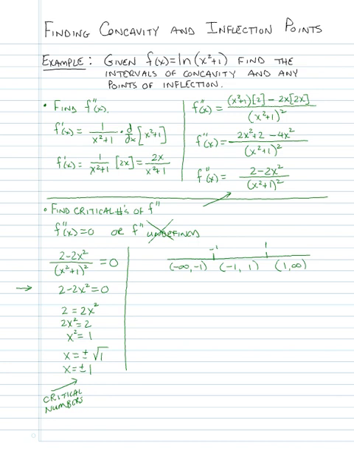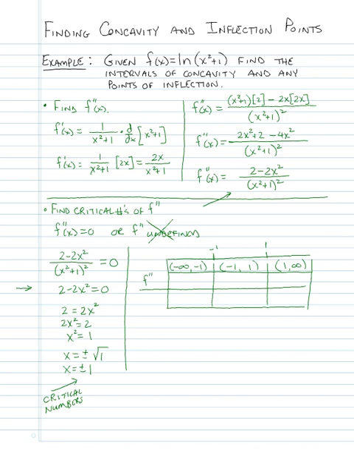So it's in these intervals that we need to test the second derivative. We're going to test the second derivative in each of these intervals, and from that test, decide about concavity and inflection points.